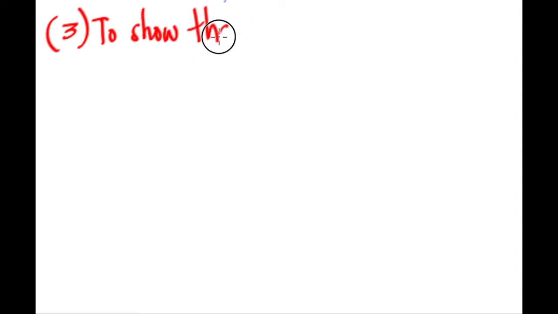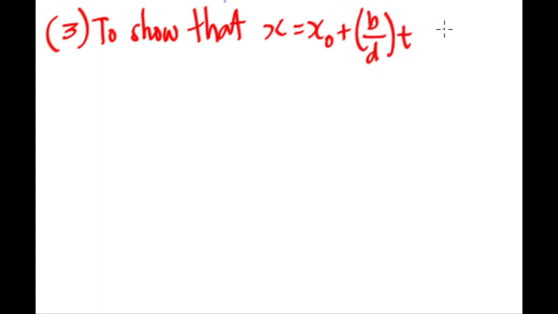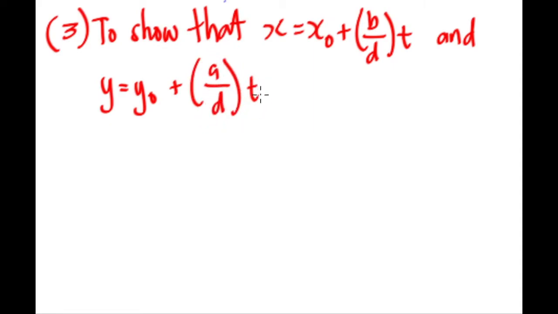Okay, here you go. So for number 3, we want to show that x equals x sub 0 plus b on d times t, and y equals y sub 0 plus a on d times t is a solution.